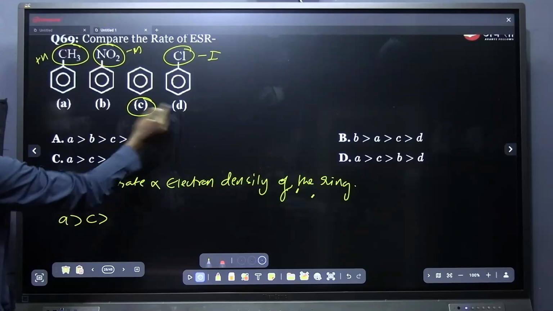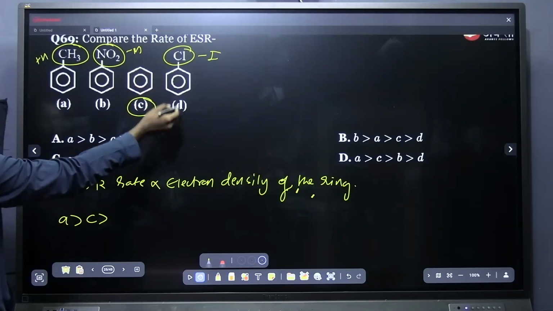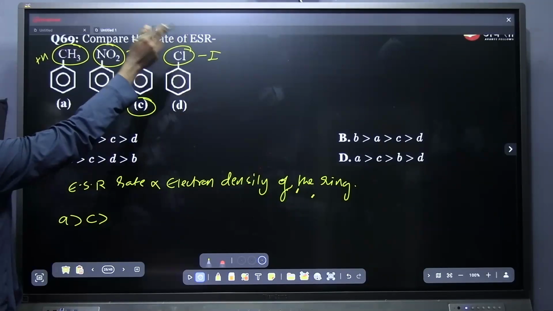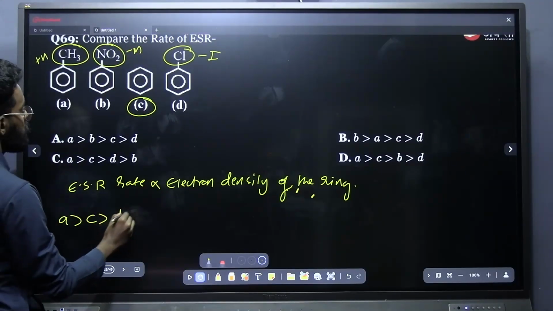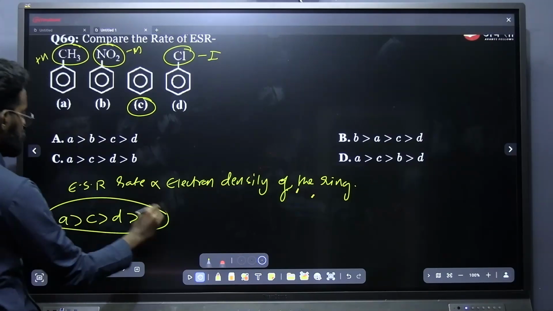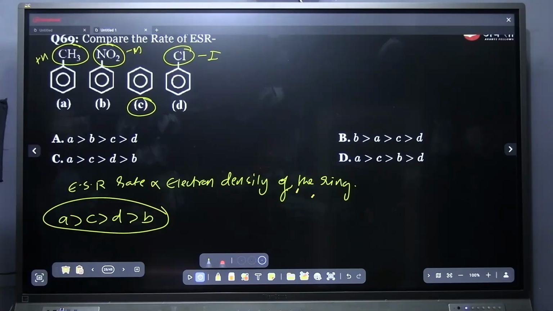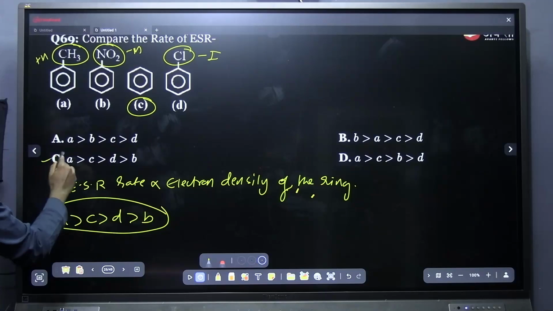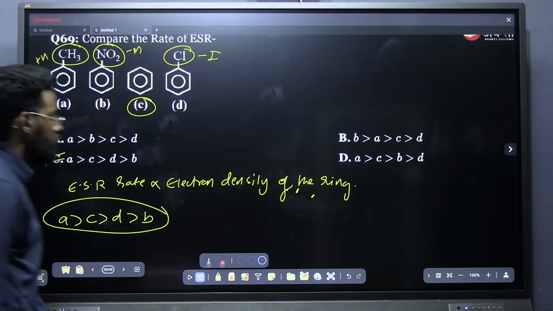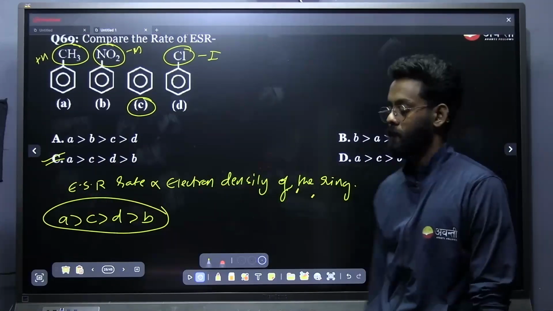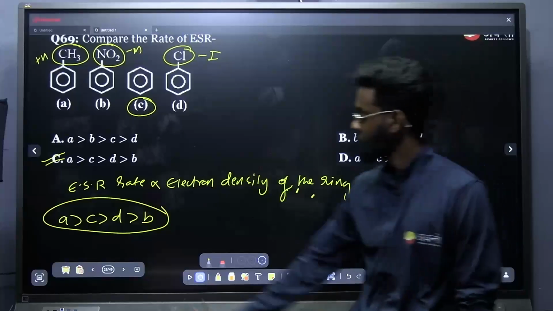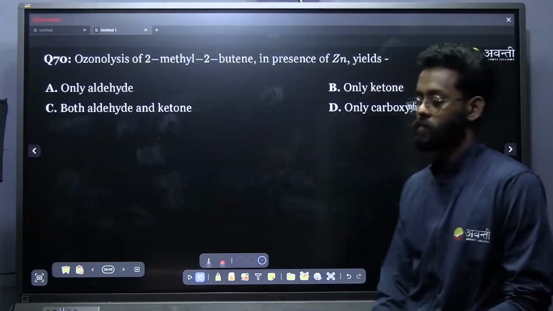And next B and D both are having minus effect. Among those, minus I effect has lesser power compared to minus M. So A, C, then D, then B. ACDB. Yes, option C is the answer. Is it clear, everyone? Electrophilic substitution reaction is directly proportional to the electron density. That's the only point.